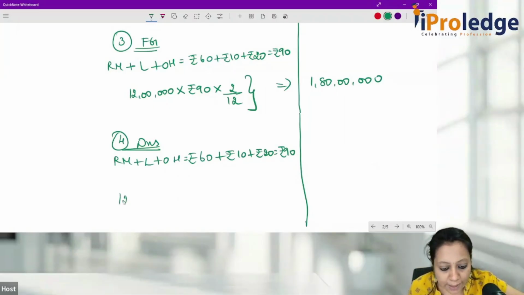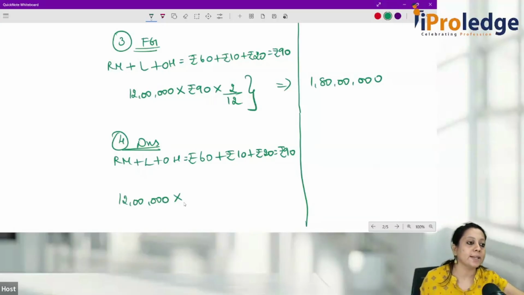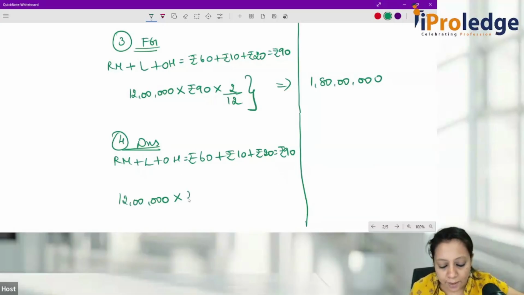Okay. So 12 lakhs. But suppose you have taken the debtors at selling price, because selling price is given to me, you have to give a note saying, I have taken the debtors at selling price for working capital estimation. Alternatively, it can be calculated at cost also. Like that, you can give a note to be on the safe side.